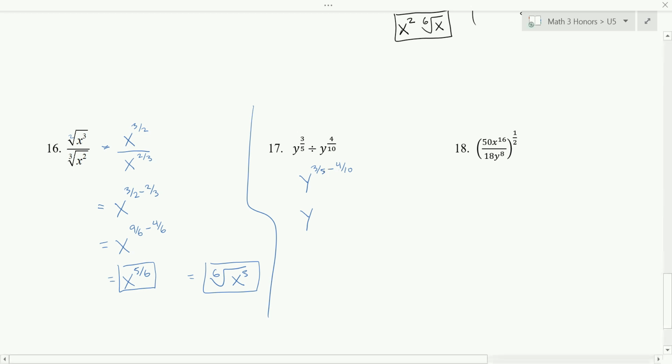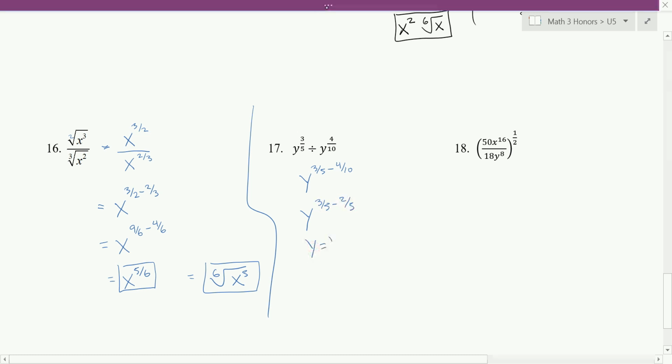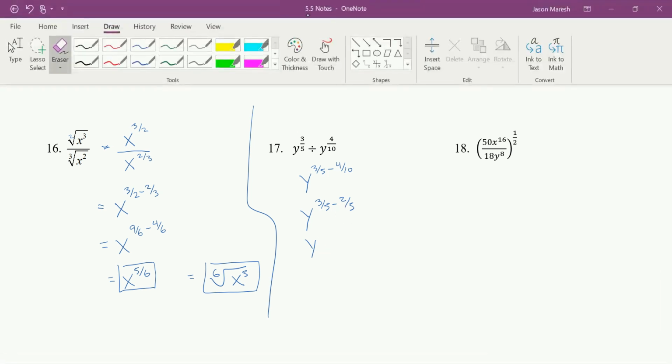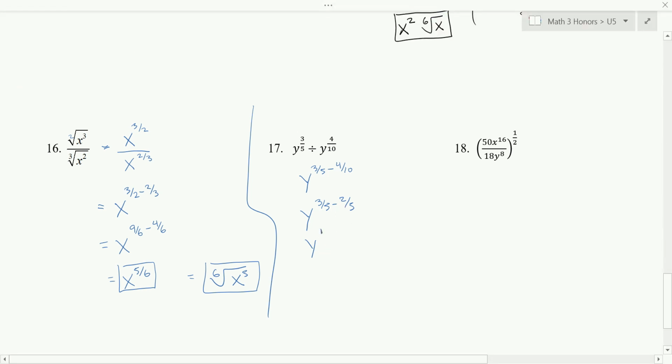If you were working out that subtraction problem, what would you do? Reduce, yeah. So 3/5 minus 2/5, which is 1/5. Y to the 1/5, or the 5th root of y.